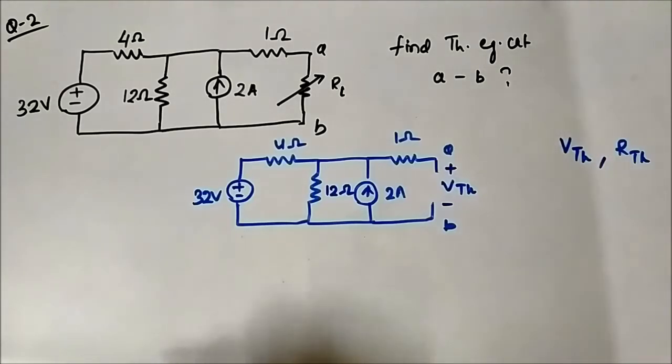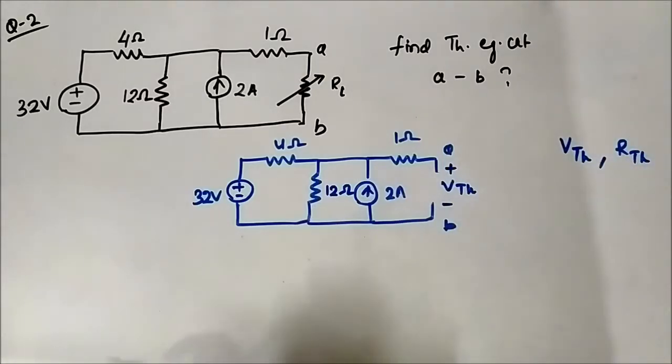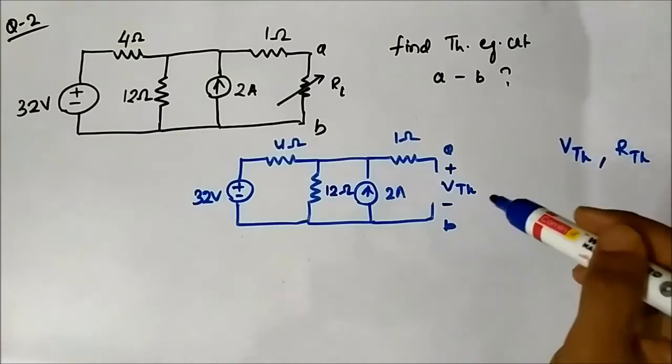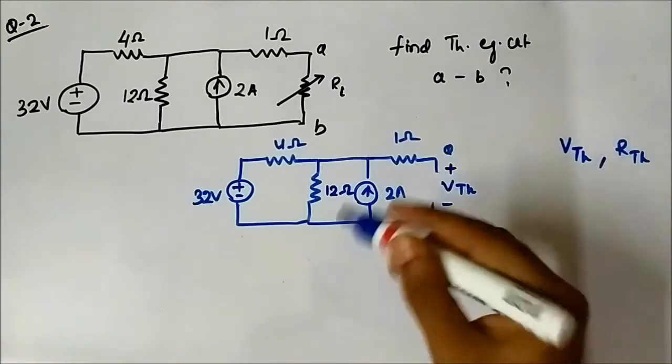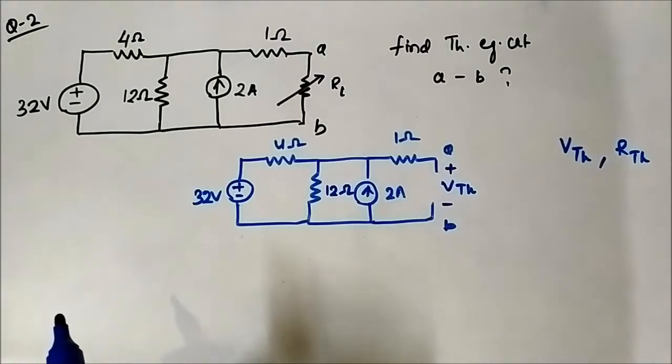So now we can use any circuit analysis technique. We can use mesh analysis or nodal analysis. If we look closely, it will be very good to apply nodal analysis here. The calculations will be simple and fast.